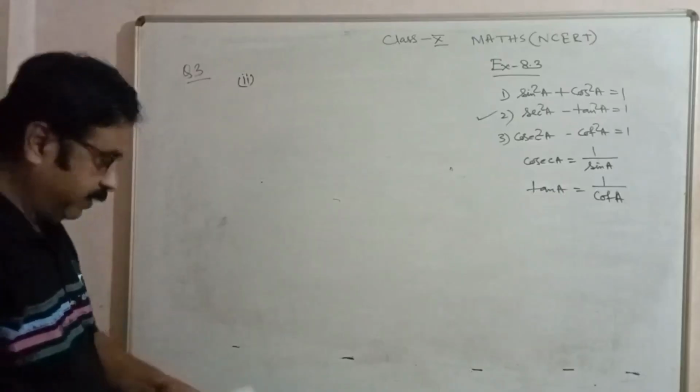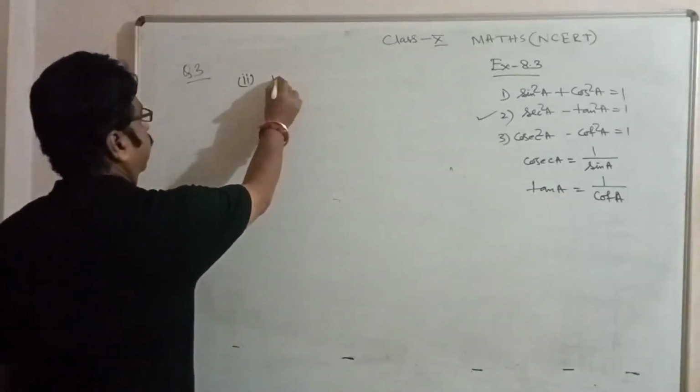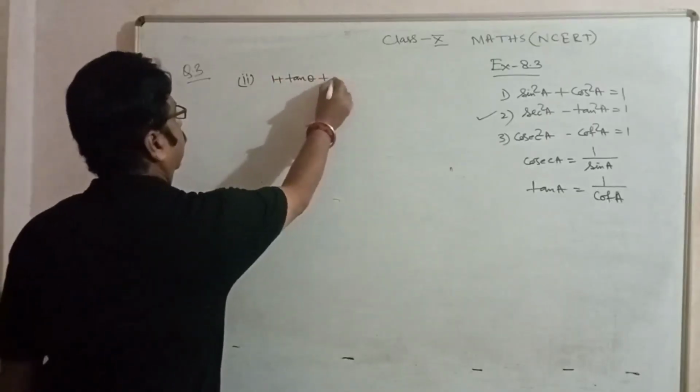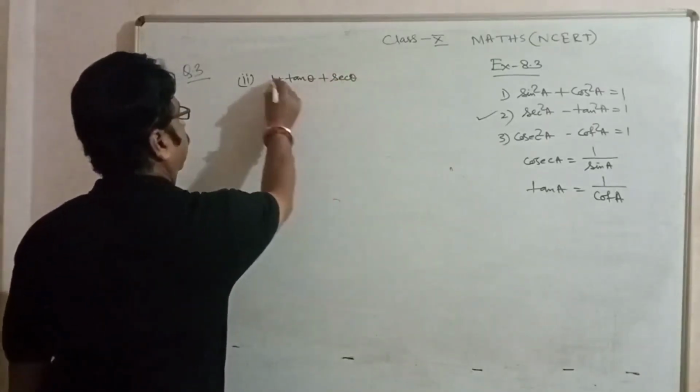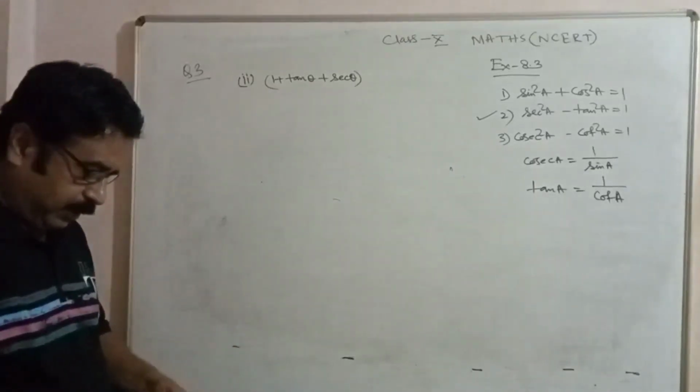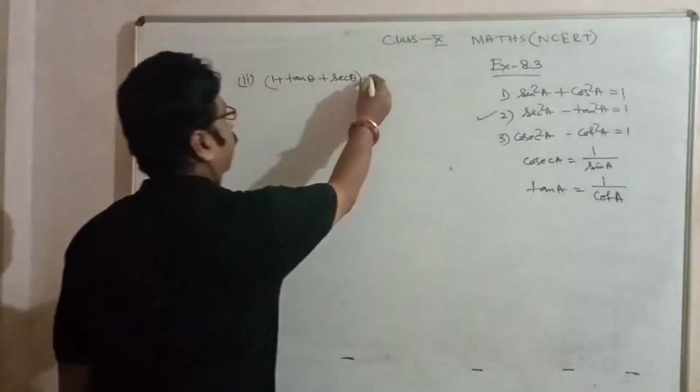One plus tan theta plus sec theta, multiplied by 1 plus cot theta minus cosec theta.